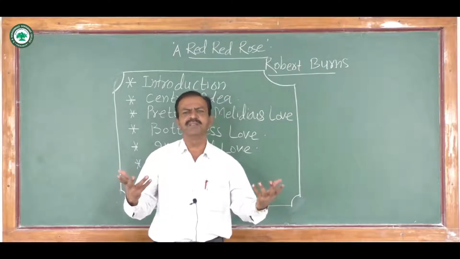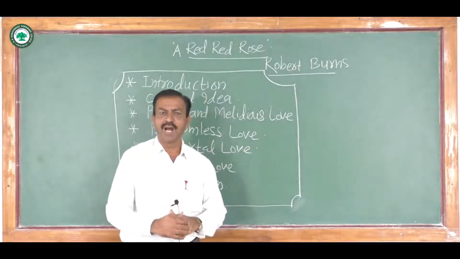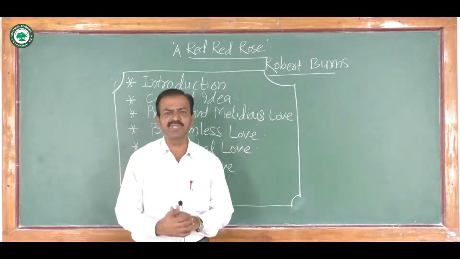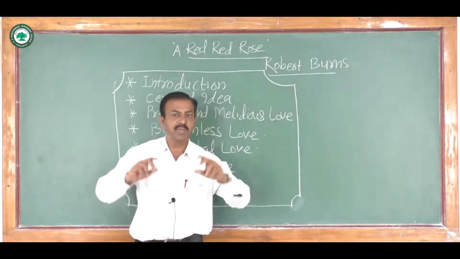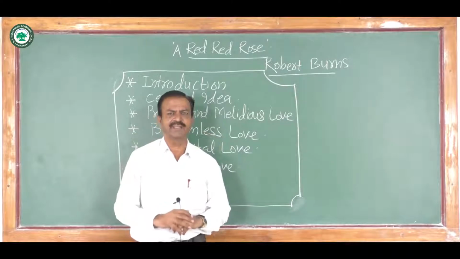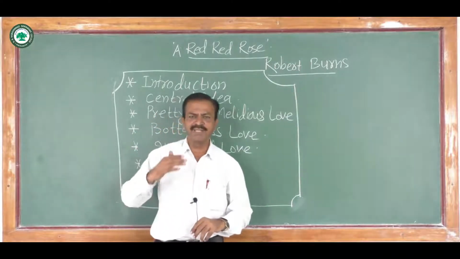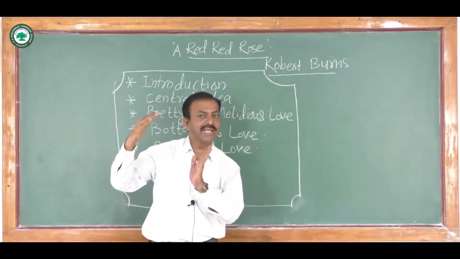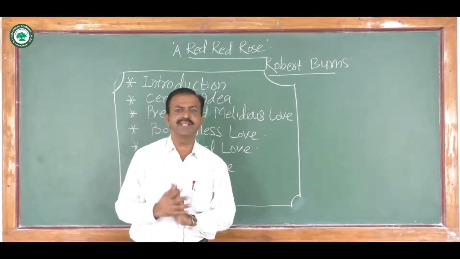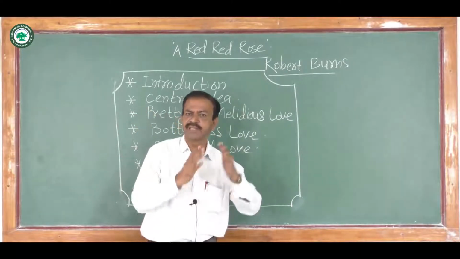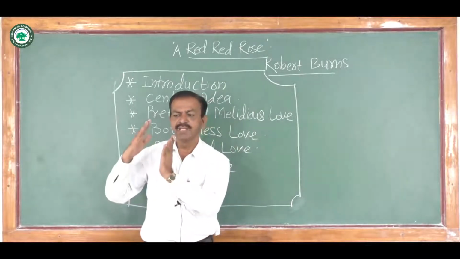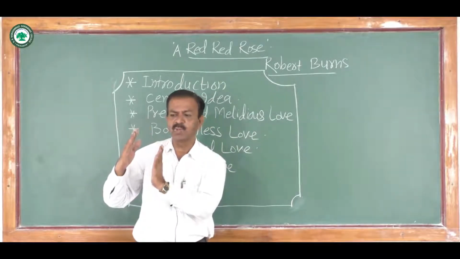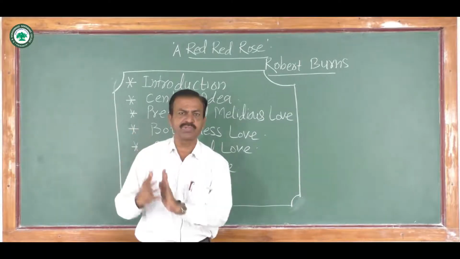How simple the stanza is, how in simple language he expresses his love. In the first two lines he says, oh, my love is like a red rose. Here we see a comparison is made between his love and the red rose.